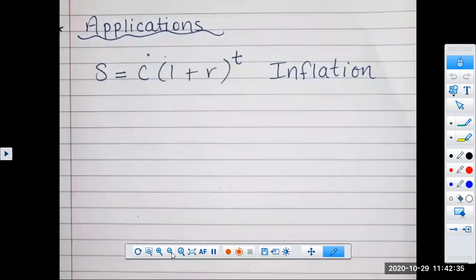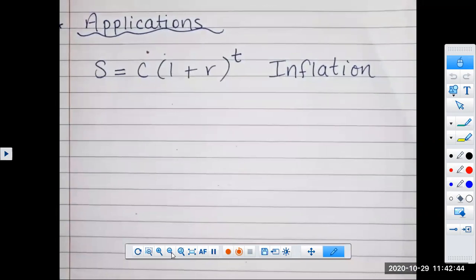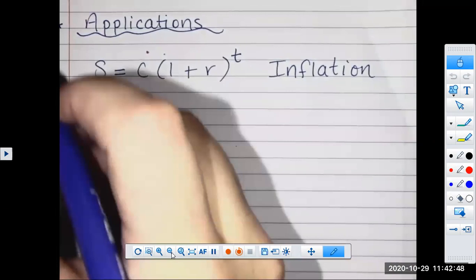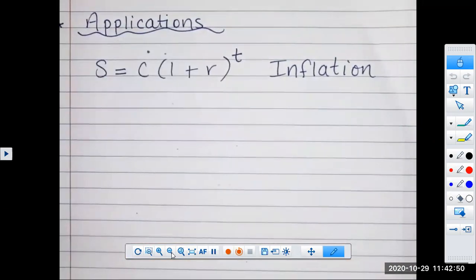Okay, so we'll come back to that back page later on. Let's go ahead and look at some application problems that you have in your homework. One type of application for exponential functions is called inflation.